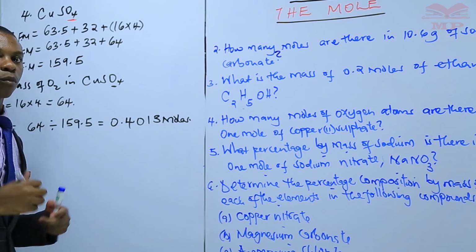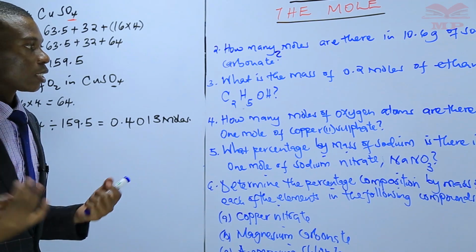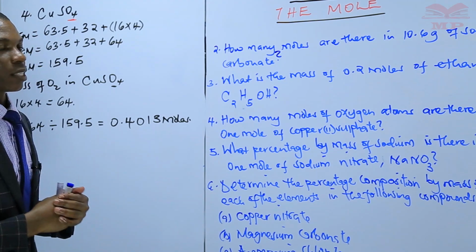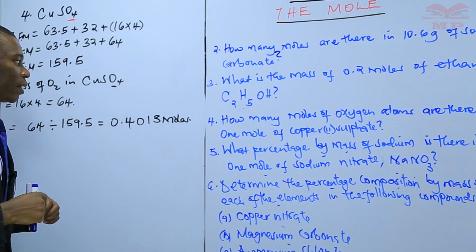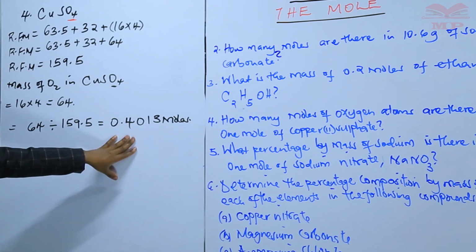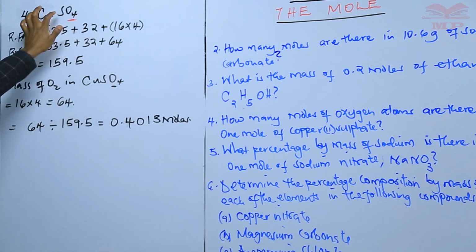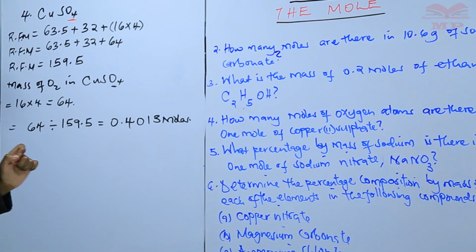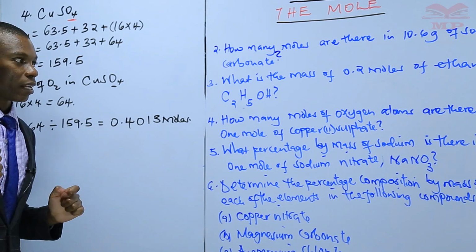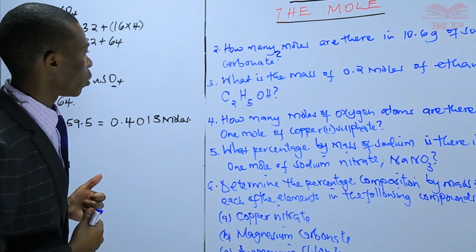The moles, again, you give to at least 4 decimal places if they are many. 0.4013. These are now the number of moles of oxygen in 1 mole of copper sulfate. Give at least 4 decimal places.